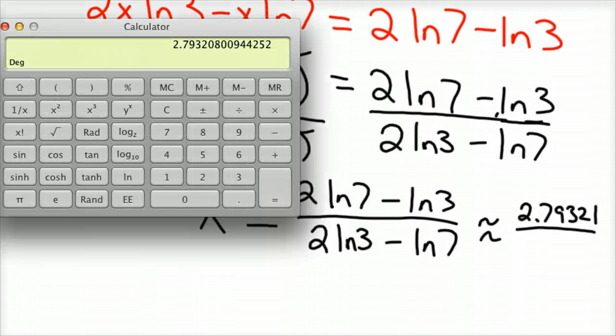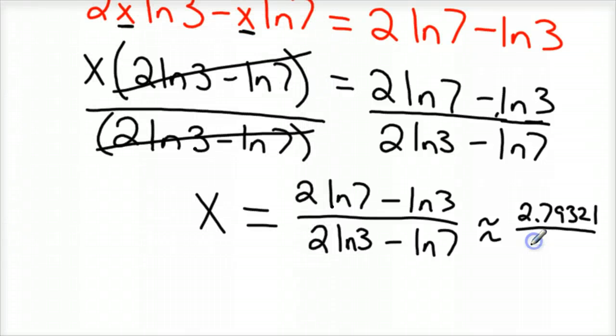So the bottom is 2 times natural log of 3 minus natural log of 7, and we got 0.25131. Then you divide those two numbers.